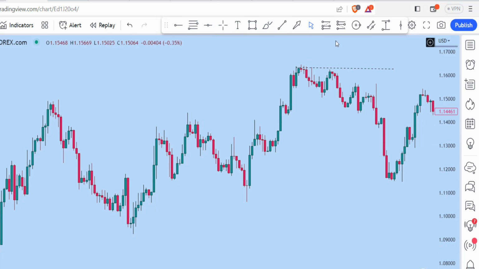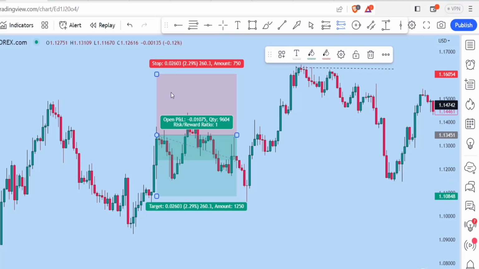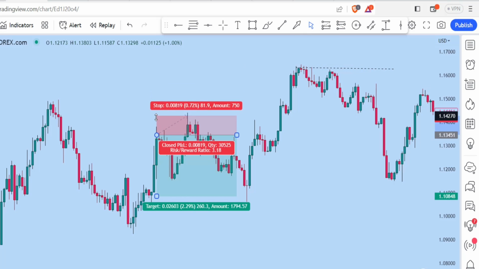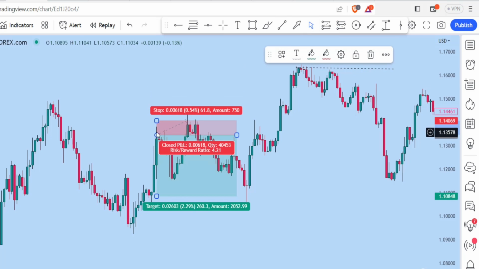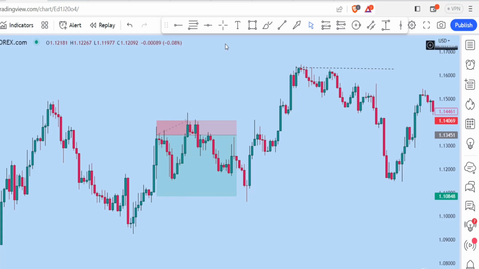If you have sold from this level, maybe from here, then your stop loss is just right above here, above the high. Then once price starts going in your direction, it comes back and takes you out. So this is a fake out or fake breakout. We call it Judas swing before heading down. Anytime you see it, it's just a liquidity grab.